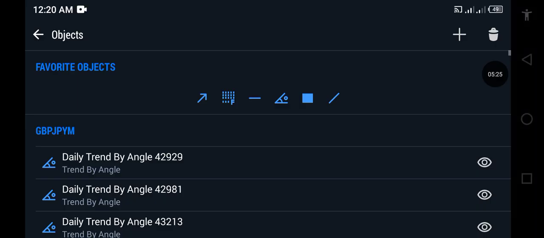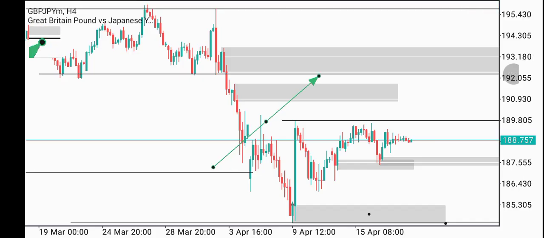So from the 4 hour time frame, what we can figure out is this was the daily structural high which formed a kind of double top before this bearish move to the downside.